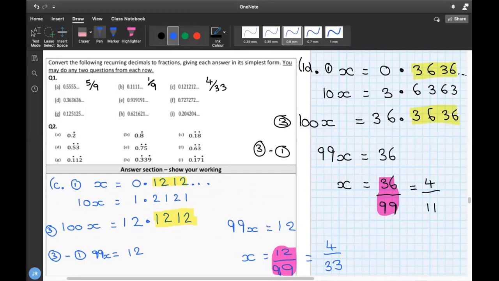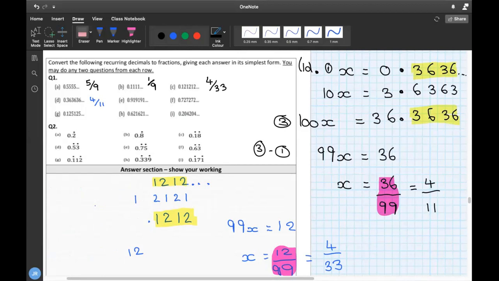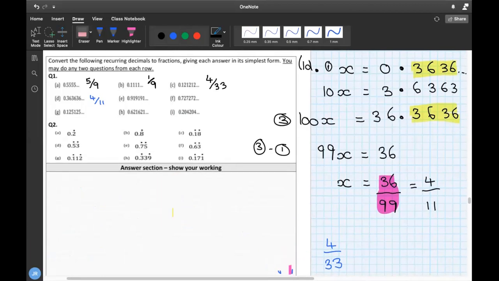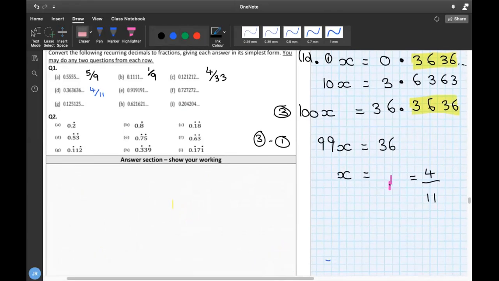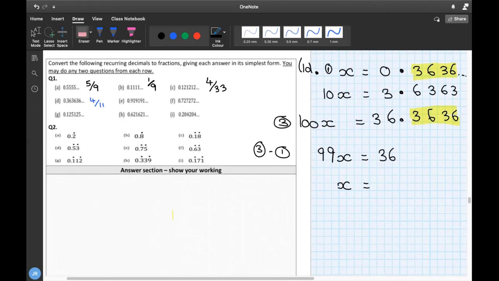So that's going to be 4/11 once we have simplified. Okay then, E, we've got 0.919191 recurring. See if you can predict what that will be, and then see if it needs to be simplified like we had in question D and question C.